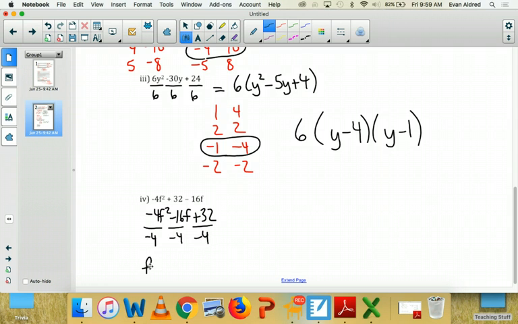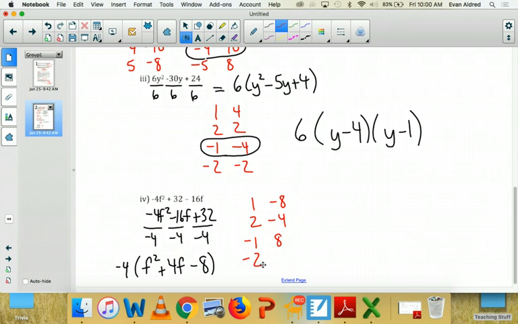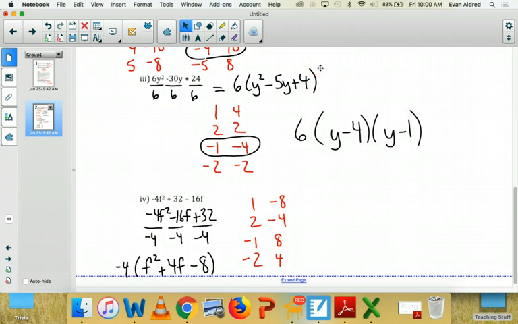That's going to leave us with f squared plus 4f minus 8. So we want the numbers that multiply to give us negative 8 and add to give us plus 4. So let's figure out what numbers multiply to give us negative 8. 1 and negative 8, 2 and negative 4, negative 1 and 8, negative 2 and 4.